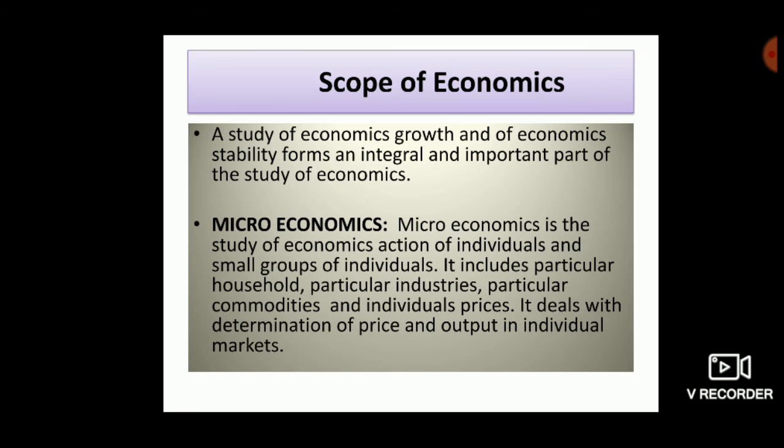Economics has two major branches. First is microeconomics and second is macroeconomics. We will now discuss them in detail so as to understand the scope of economics. First is microeconomics.